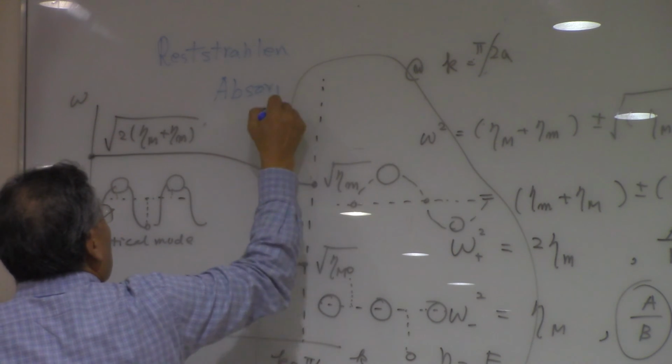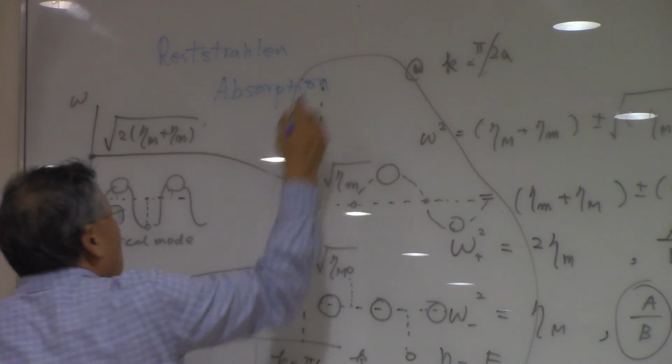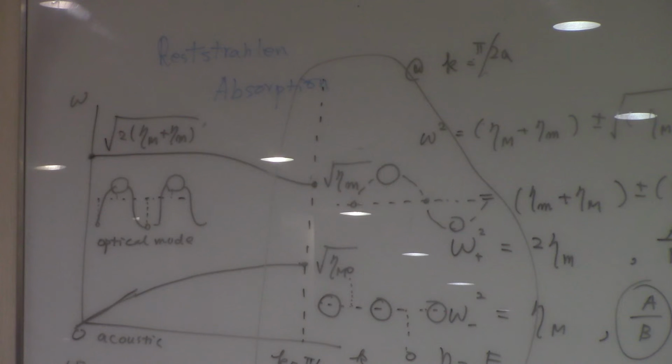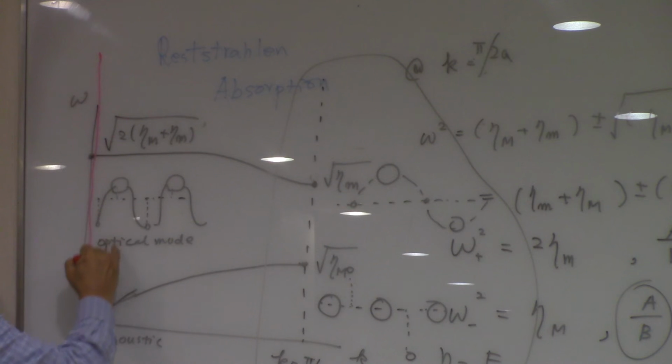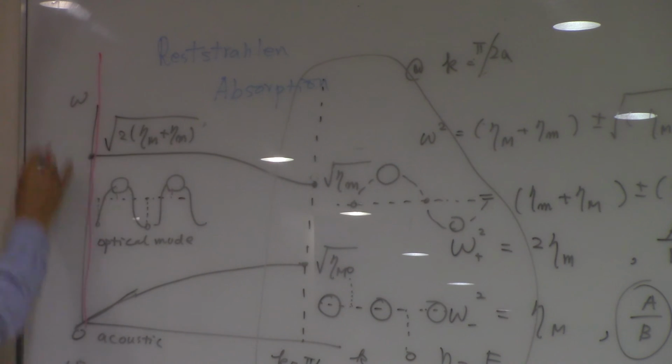Absorption means the lattice, the solid can absorb the light, okay? And if you draw the omega versus k for the light, you may draw the line very close to here, almost the same as the y-axis here.